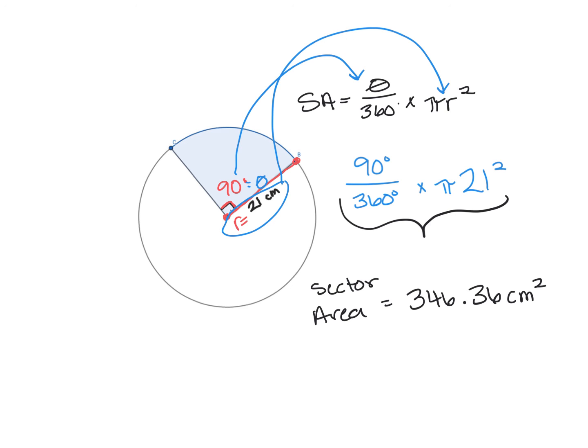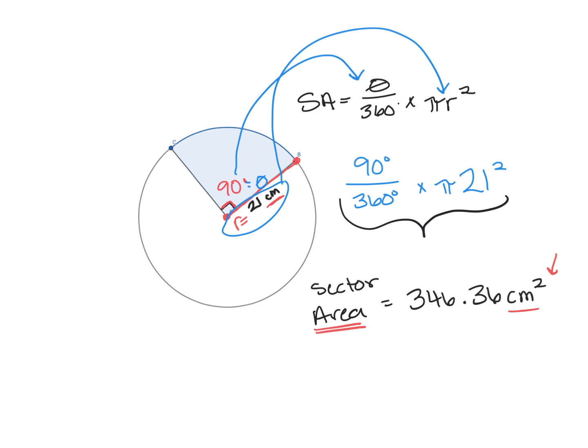Again, I'm taking my units, centimeters, and now I'm squaring them, because what I'm finding really is an area, and any area needs units squared. But the area I found, 346.3600 centimeters squared, is truly this area of the shaded-in region. Not the whole circle, but just this sector.